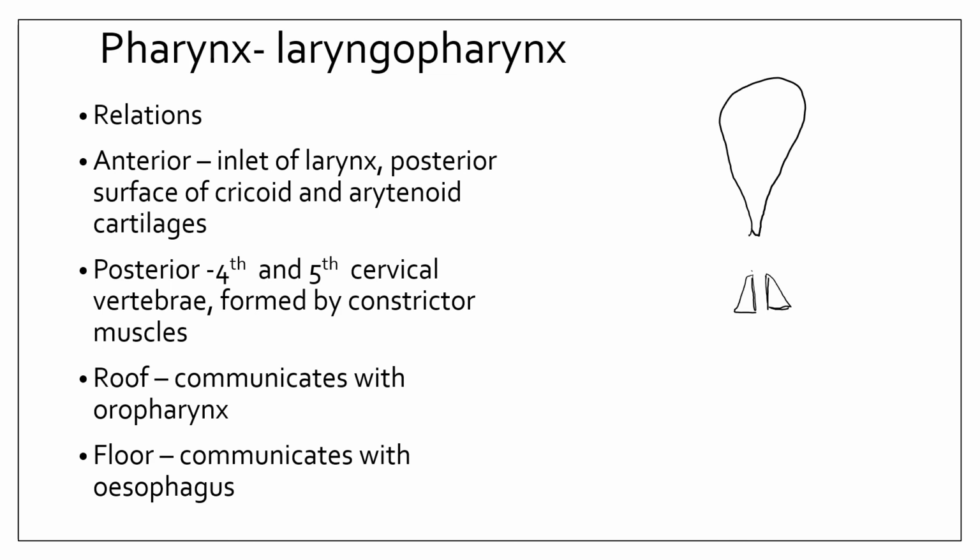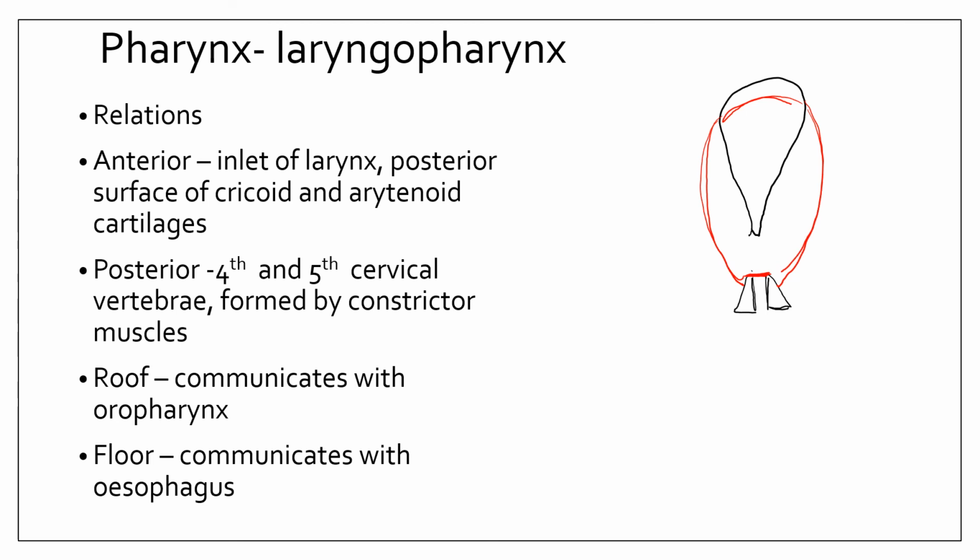There is a mucous fold between these arytenoid cartilages, which is called the interarytenoid mucous fold. And from the epiglottis lateral margins extending to the arytenoid is the aryepiglottic fold. So the inlet of larynx is formed by epiglottis anteriorly, interarytenoid fold of mucous membrane posteriorly, and aryepiglottic folds on either side.